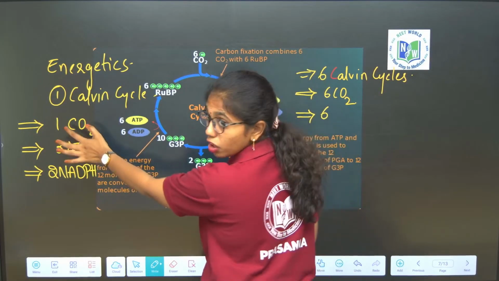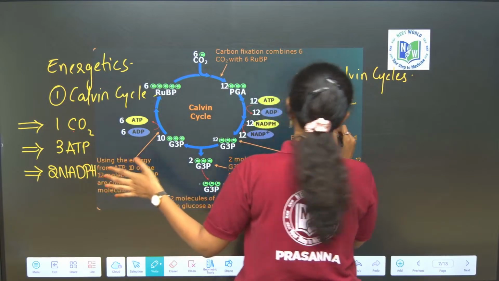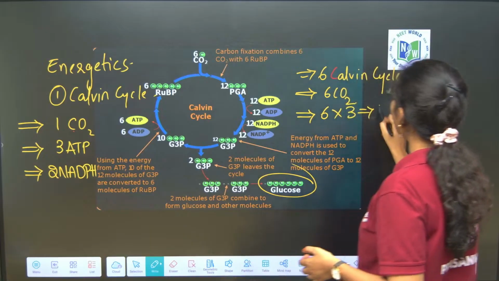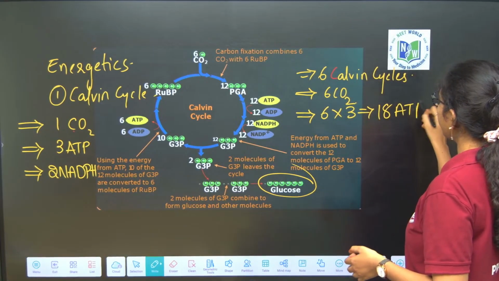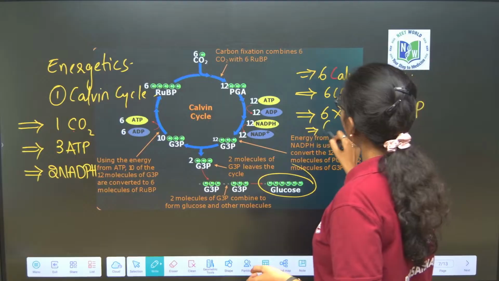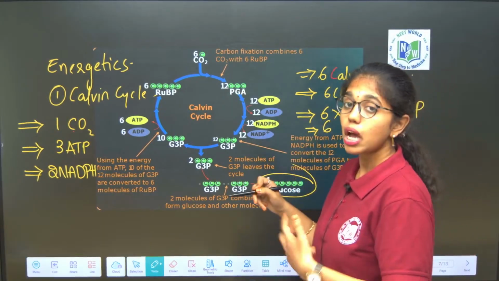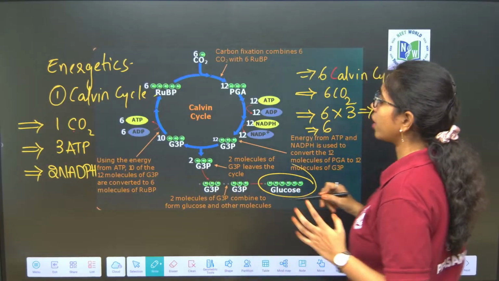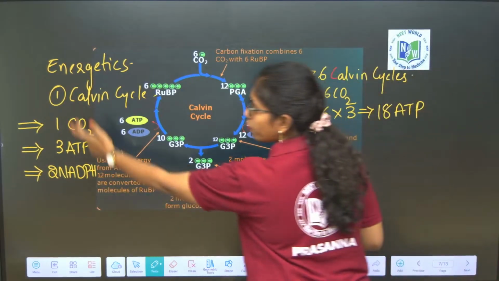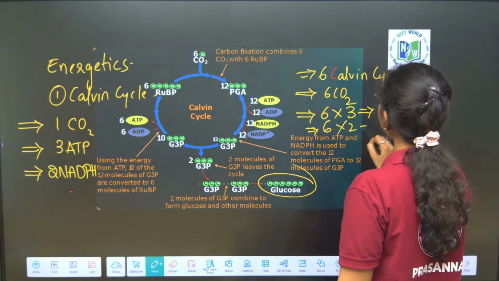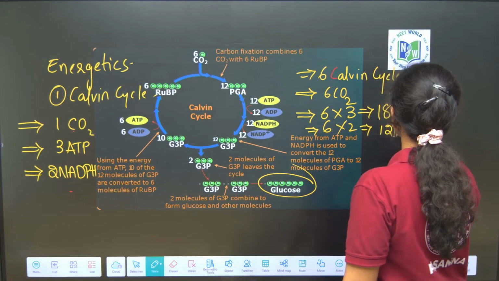For 1 carbon dioxide, it is 3 ATP; for 6 carbon dioxides, 6 into 3, that is 18 ATP, right? Next, for 6 molecules of carbon dioxide or 6 Calvin cycles, how much NADPH is required? For 1 carbon dioxide, it is 2 NADPH. For 6 into 2, it will be 12 NADPH.